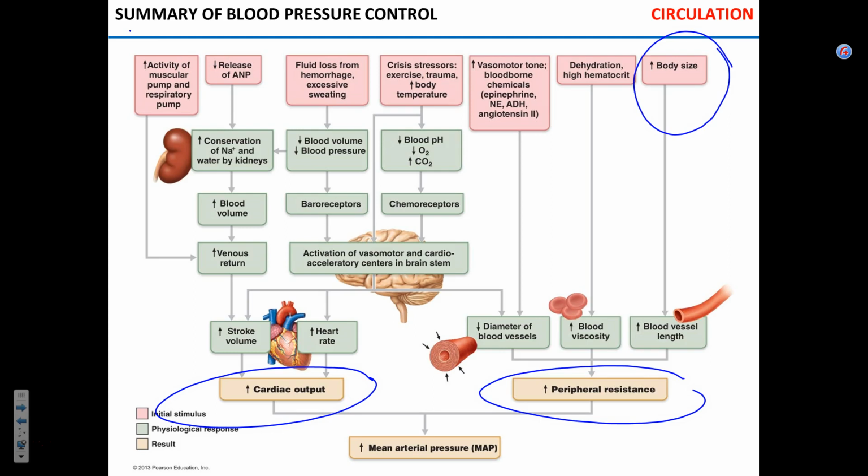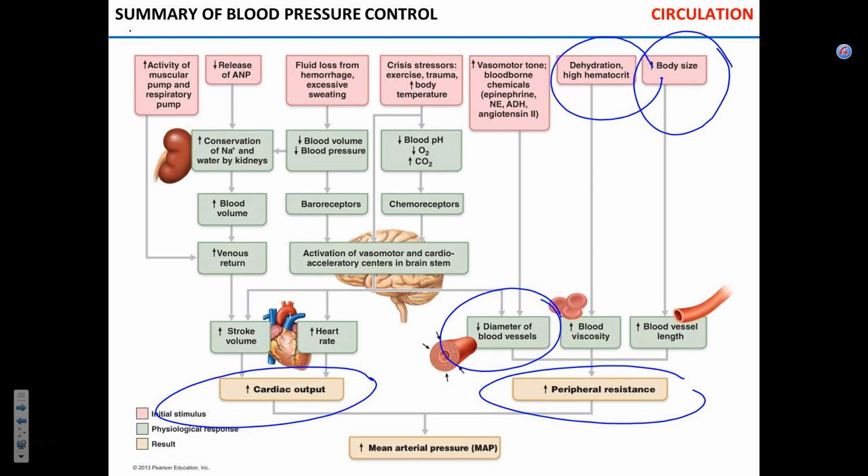Can you rapidly increase body size? No, unless you're Hulk. Okay. Can you rapidly, in a matter of seconds, increase blood viscosity? No. Probably days. Maybe hours. Okay. Now what you can do is change the diameter of blood vessels.